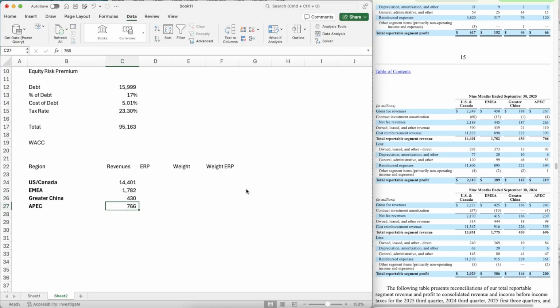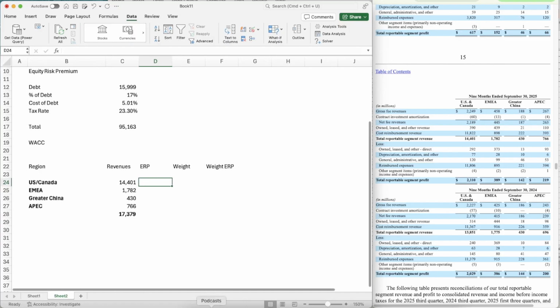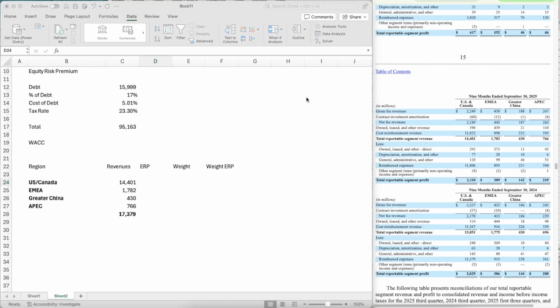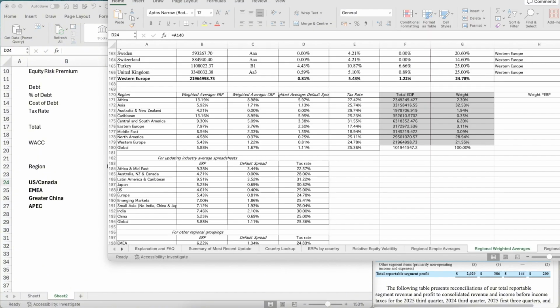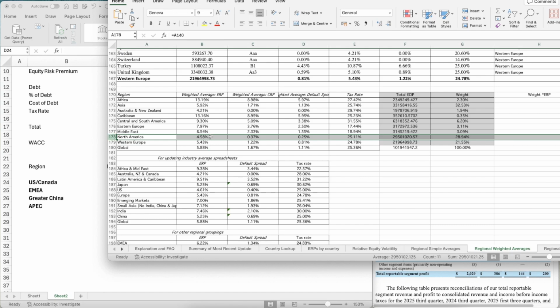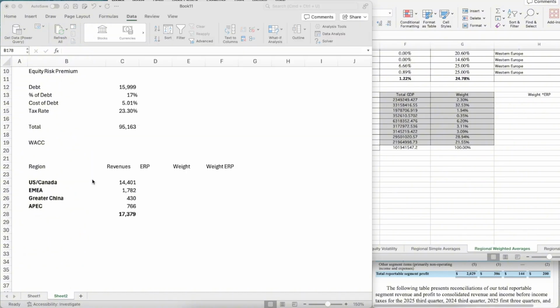Well, so I mean, revenues are predominantly from North America. So we want to take, so this is the weighted equity risk premium for North America, which is 4.58%. We'll use that.